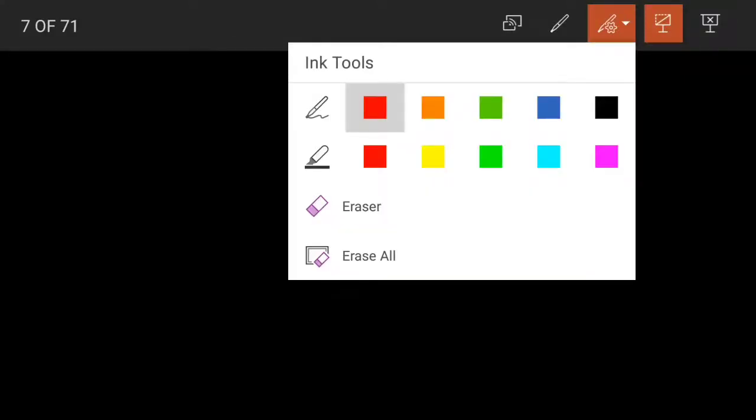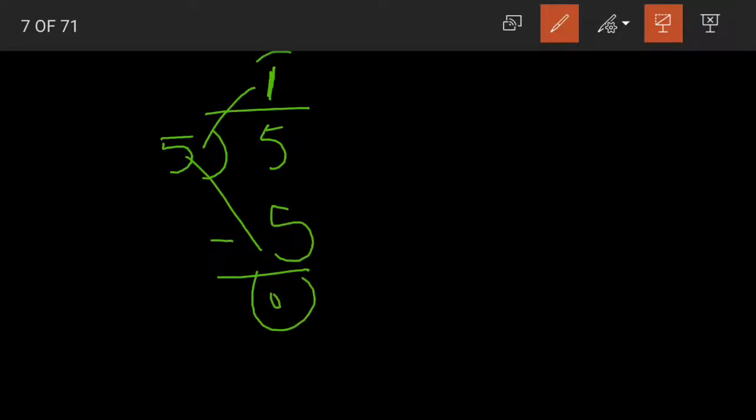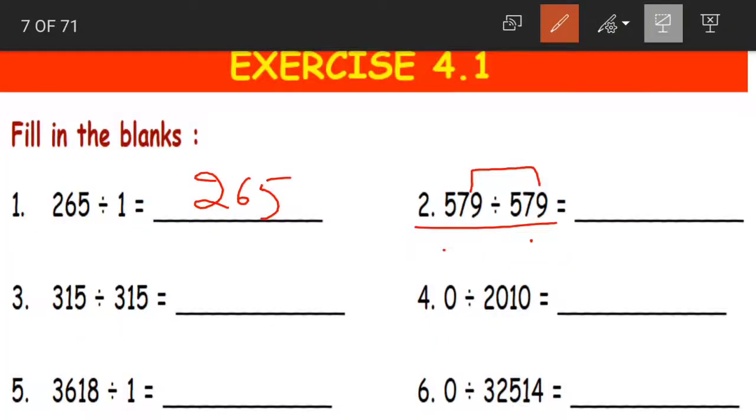Yes, if you want, we can take a smaller example. 5 divided by 5. We know that 5 ones are 5. So what is our answer? 1 is our answer. So when we divide any number by itself, what will be our answer, children? 1. Be it a 3-digit number or a 4-digit number or a 5-digit number, when we divide the same number by itself, the answer will be 1 itself.